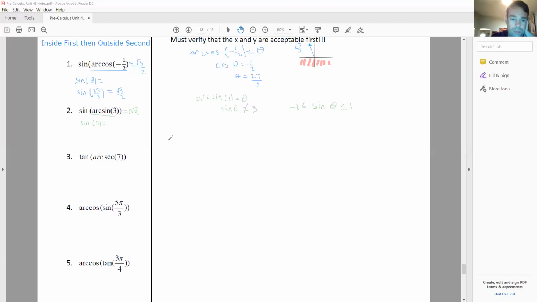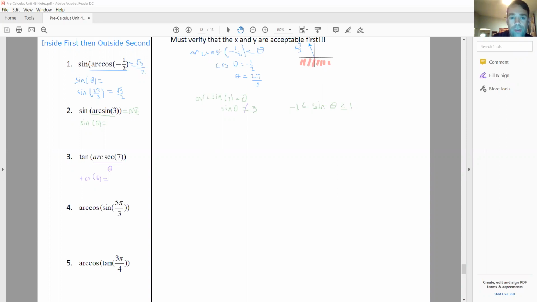What about this next one? Again, we have ourselves a theta. So what I'm really asking here, friends, is what is tangent of theta? So sometimes, remember I said we can find the angle. Sometimes we can't, but we might be able to find something just as good. So let's see here.